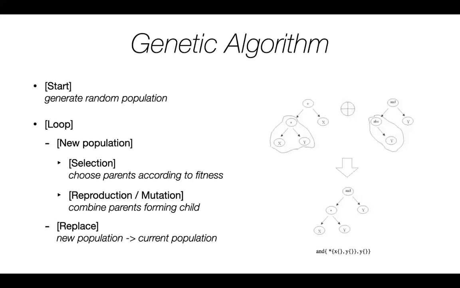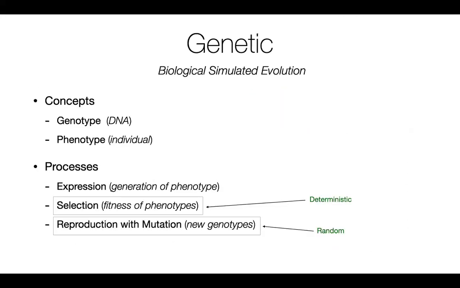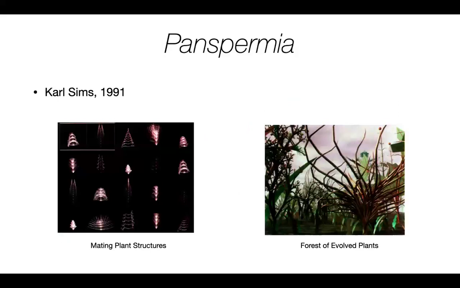And then you keep doing this, and you have an evolution that combines the deterministic and probabilistic aspects that are incorporated into the genotype and the phenotype and the rules of fitness and of mutation. And this is very powerful.